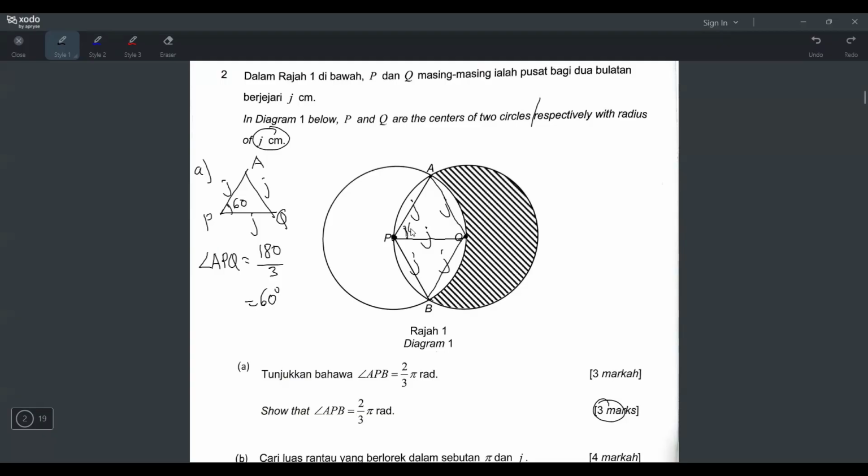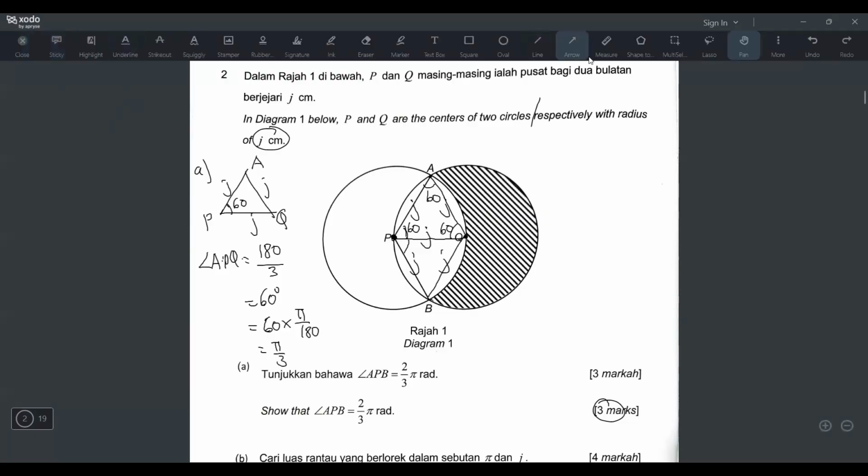And it's not just here 60, here also 60, here also 60. But they want it in radian, right? So let's do that in radian. Oh, by the way, this is not APQ, this is just AP. Yeah, APQ, correct. So I take 60 times pi over 180, because that's how you convert to radian. So you end up with pi over 3.